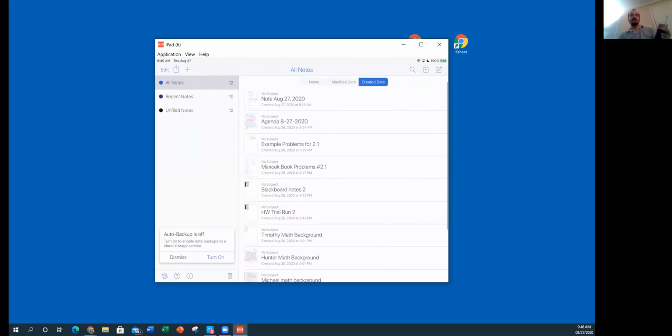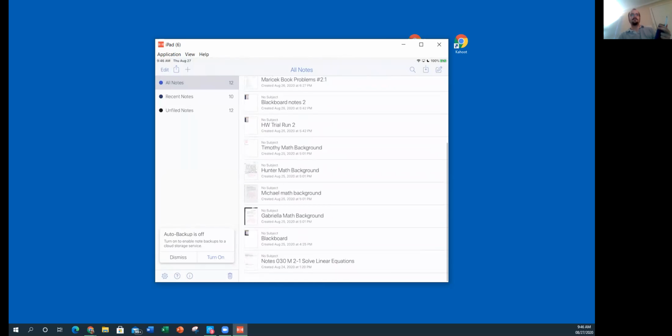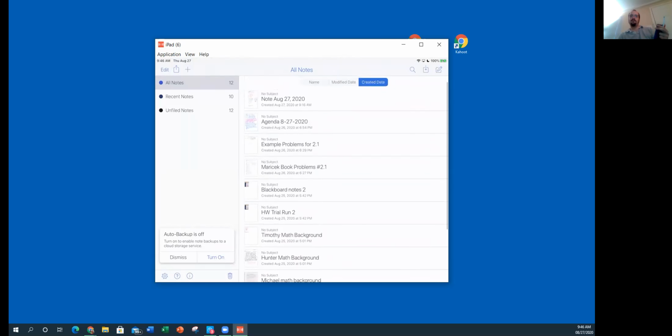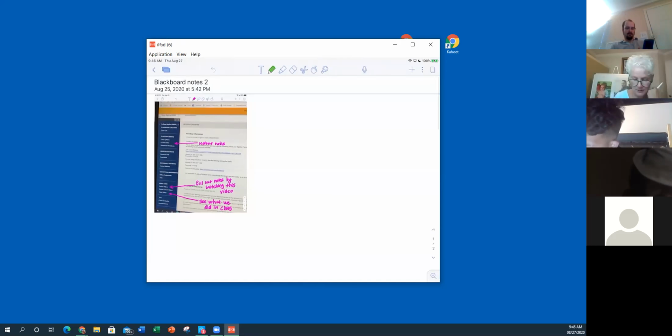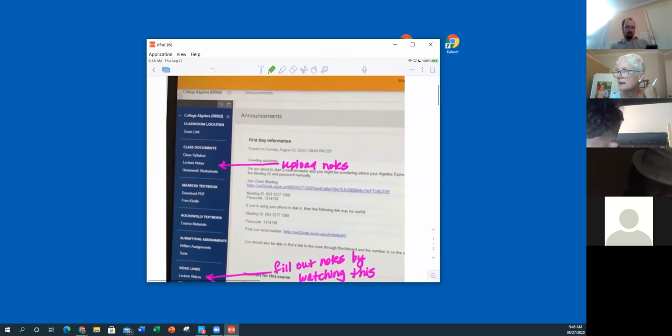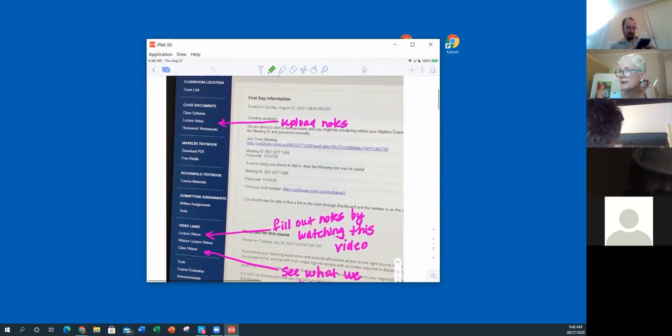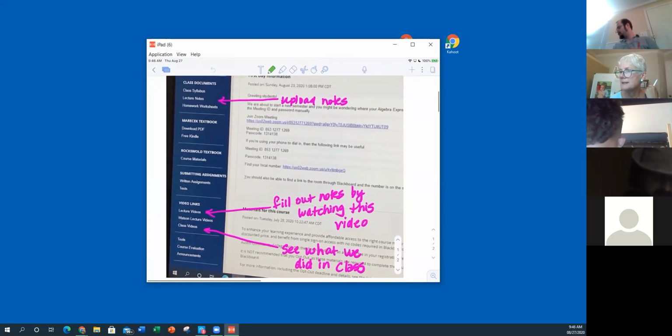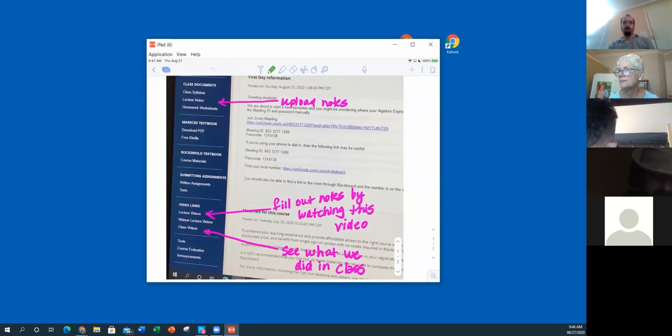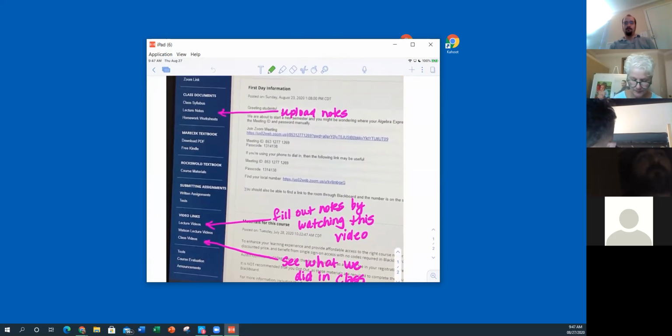The topic today is simplification, and we're going to be doing some solving as well. Blackboard looks like this, and you can pull up the assignments right here on homework worksheets, under class documents.